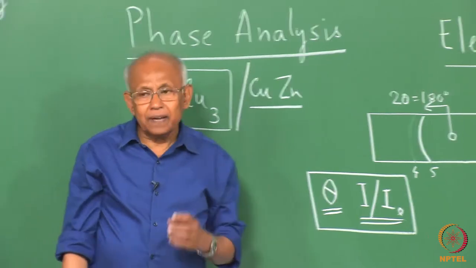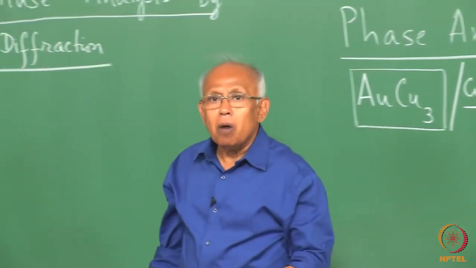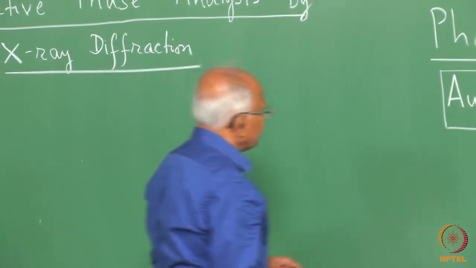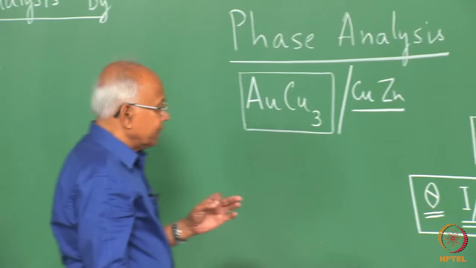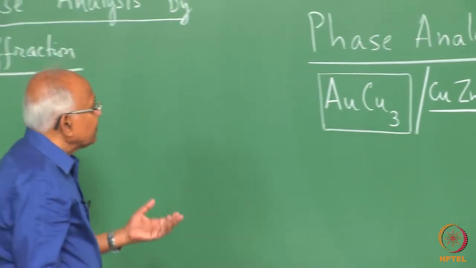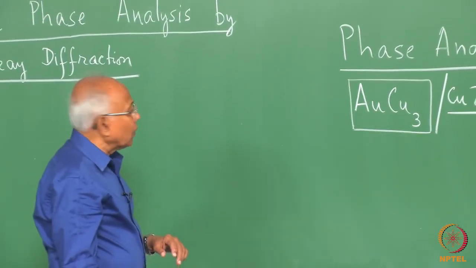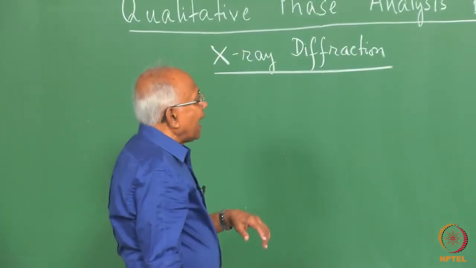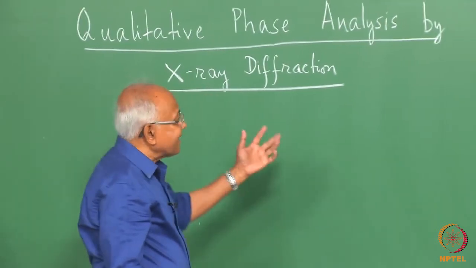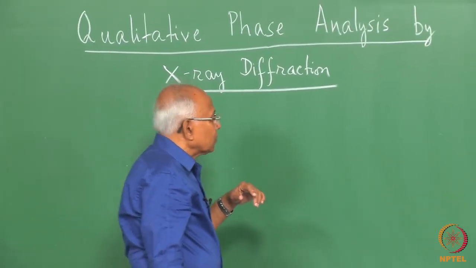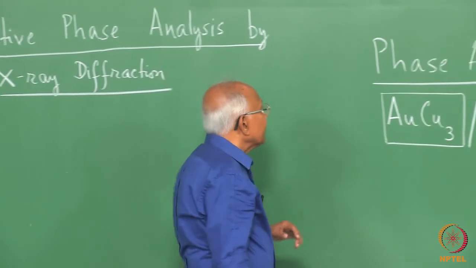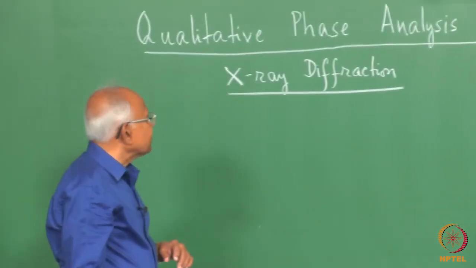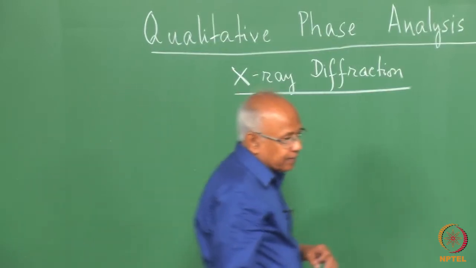So, this gives us a method of identifying an element or a compound or a phase. So, as we will see that this phase analysis can be done in a qualitative manner and also in a quantitative manner. So, in this lecture I will discuss about qualitative phase analysis by X-ray diffraction.